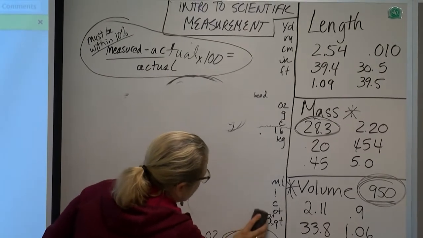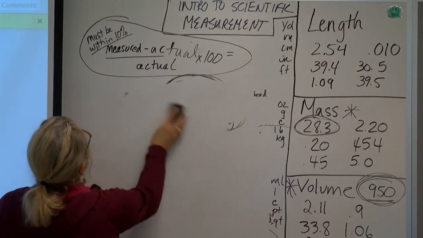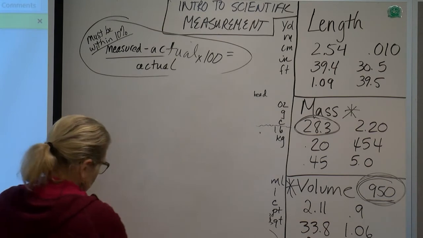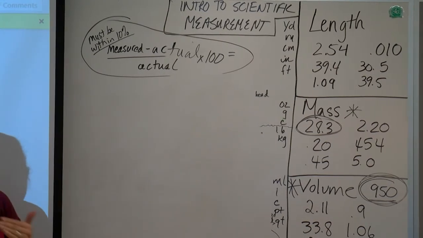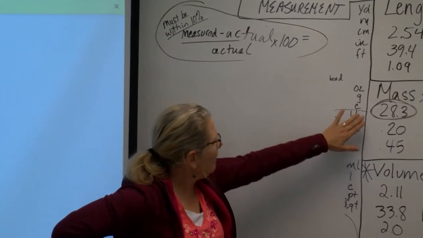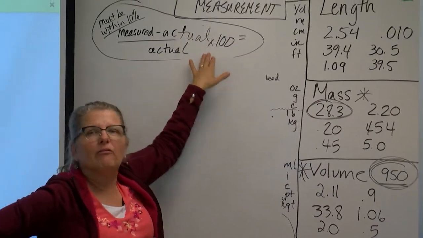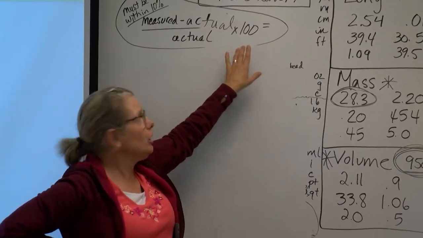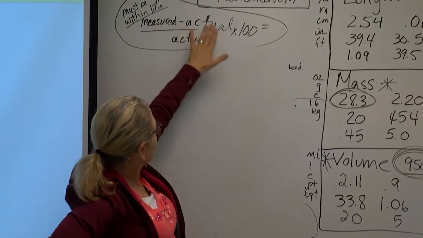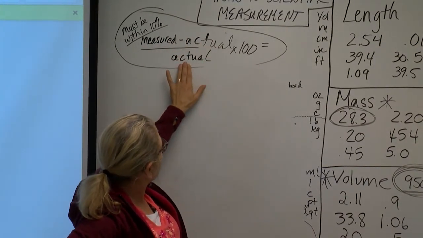So just like, oh, and remember, if you're not sure, like the 2 we did, they were very close, so we knew they were within 10%. But if you're not sure they're within 10%, you can use this formula, the measured minus the actual over the actual.